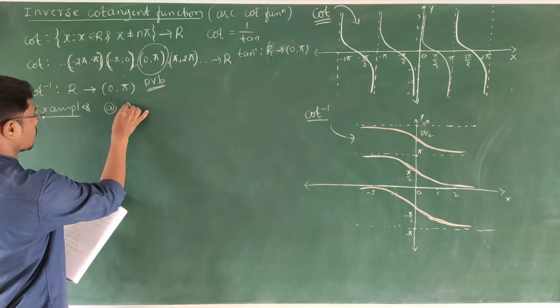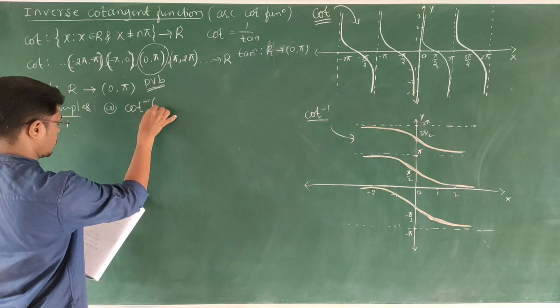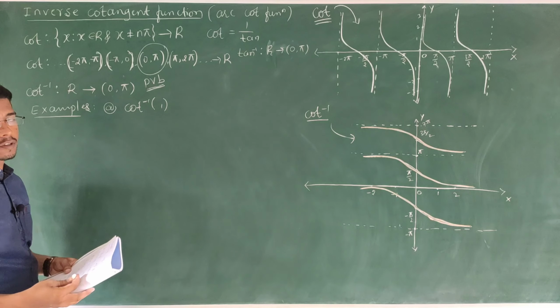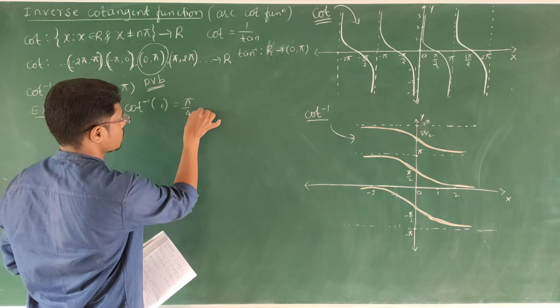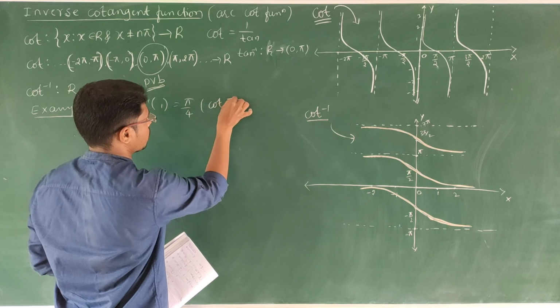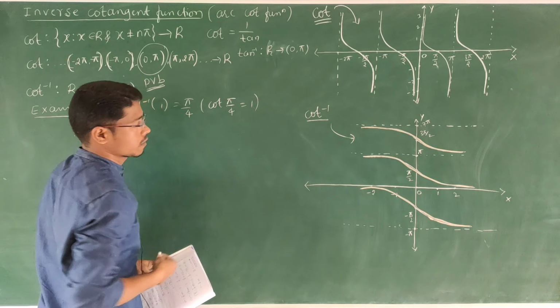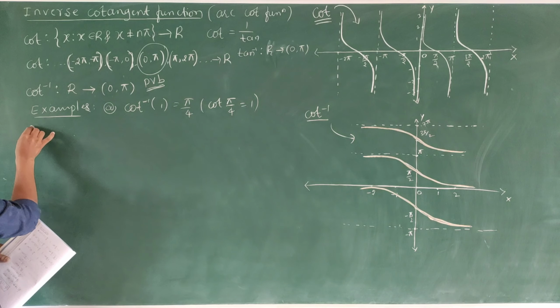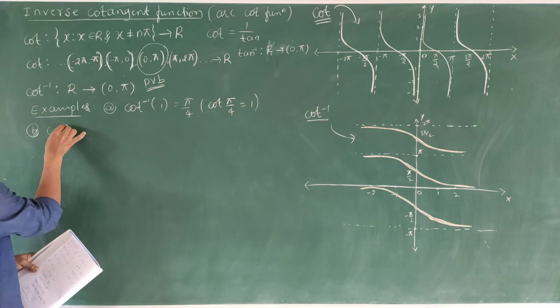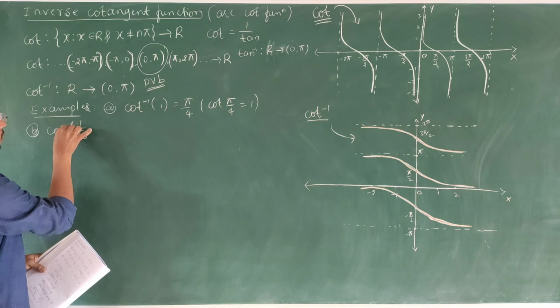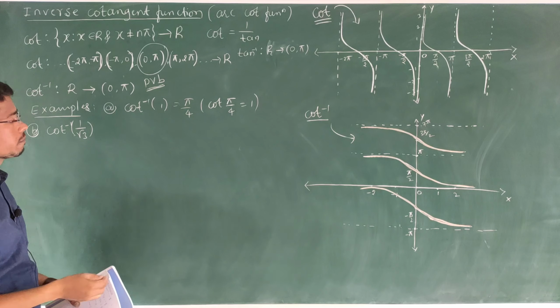A, cot inverse of 1. Cot is 1 when the angle is pi by 4, because cot pi by 4 is equal to 1, right? Next question B, cot inverse of 1 divided by root 3. This is equal to pi by 3, because cot pi by 3 equals 1 divided by root 3.